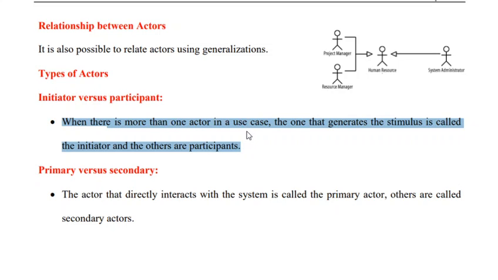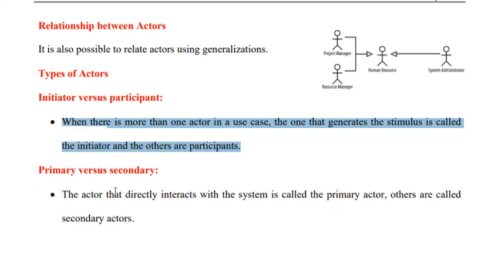So for example, if a student wants to issue a book, then in order to issue a book, a librarian as an actor may be required, and a clerk as an actor may be required. So the student is the initiator, whereas the librarian and clerks are participants.